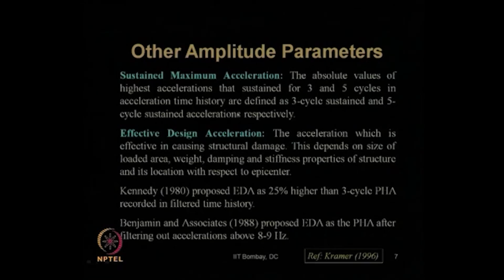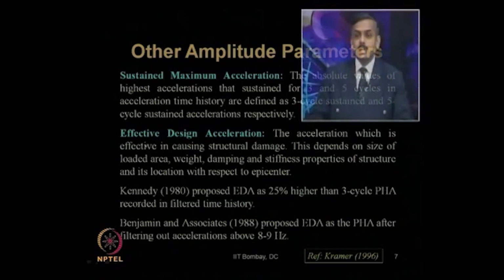Then we talked about various other amplitude parameters like sustained maximum acceleration. We have seen it can be a 3 cycle sustained or 5 cycle sustained, depending on your requirement, that is how long that highest value of acceleration continues through how many cycles. Then for the design we have seen what is known as effective design acceleration, and as per the proposal by Kennedy in 1980, EDA can be considered as 1.25 times the 3 cycle sustained maximum acceleration of PHA.